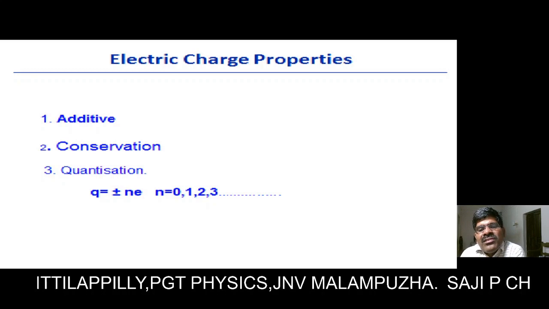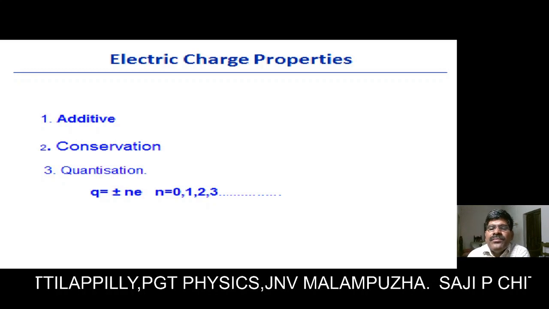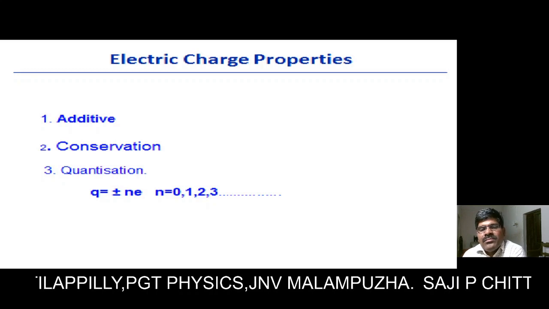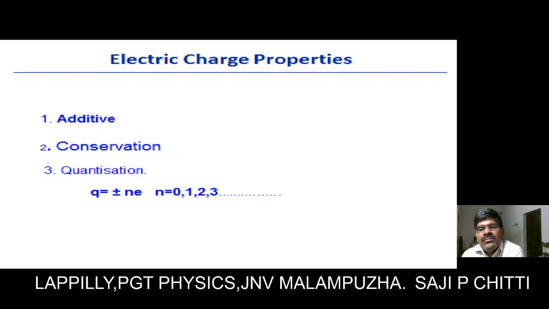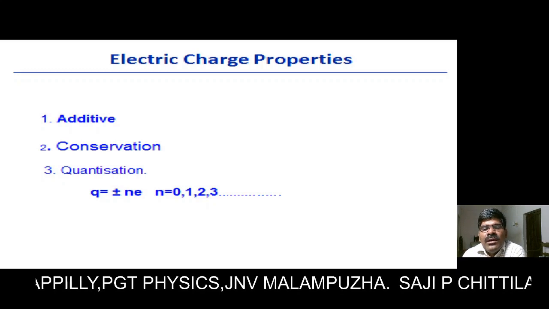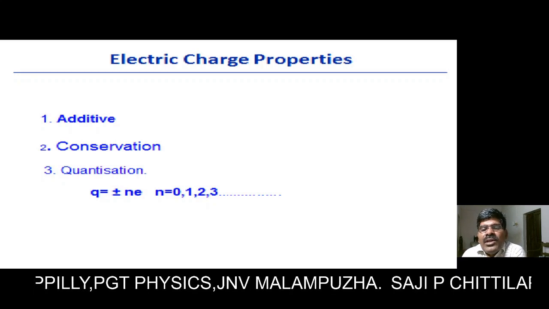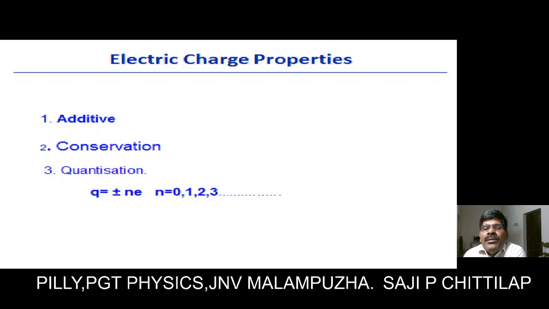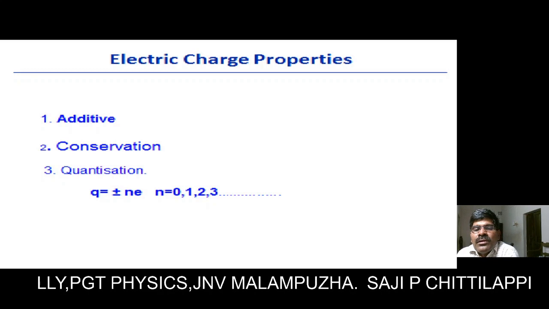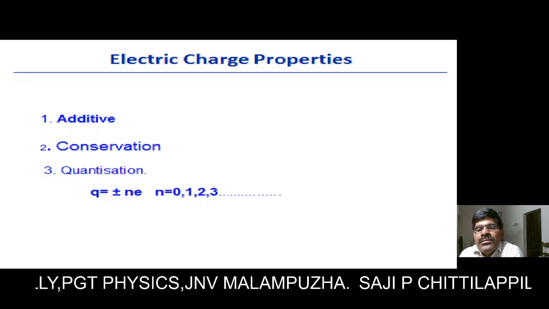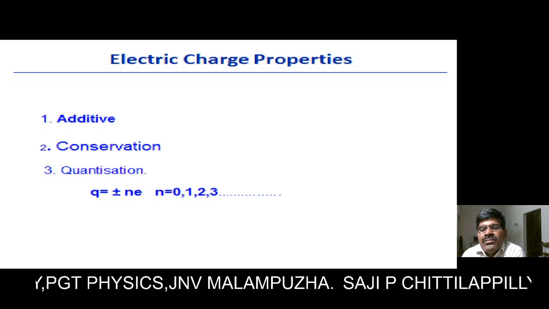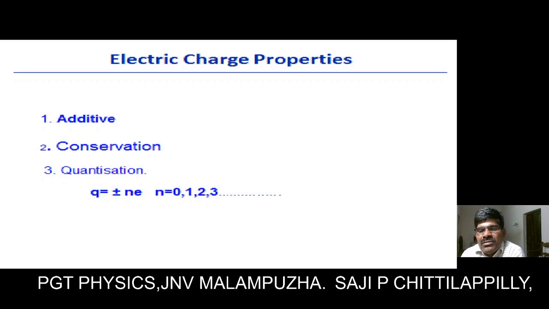Conventionally, positive charge is given a plus sign and negative charge is given a minus sign. For example, if a 10 unit positive charge and a minus 5 unit negative charge are taken together, the net charge will be 10 plus minus 5, that is 5 coulombs.